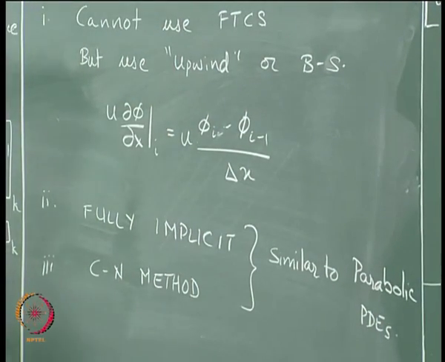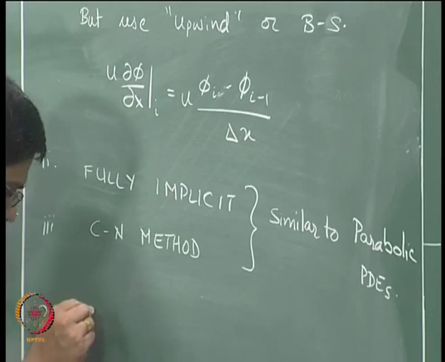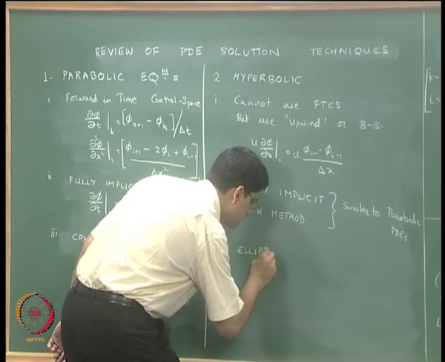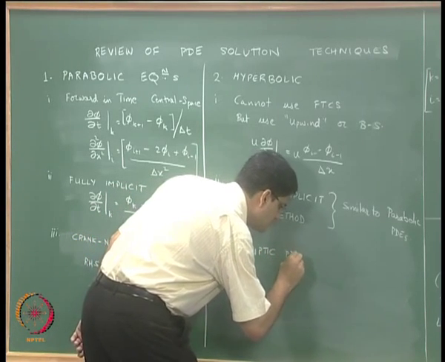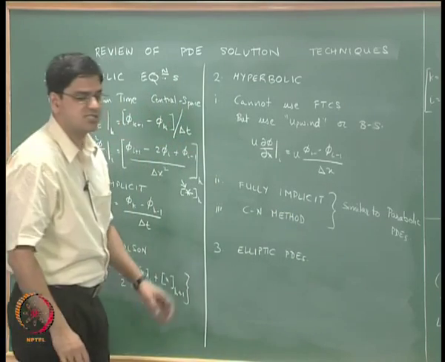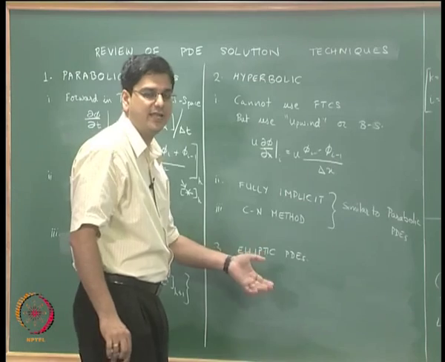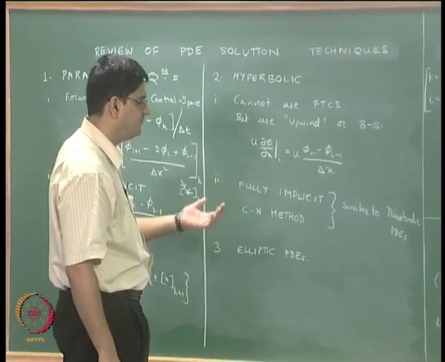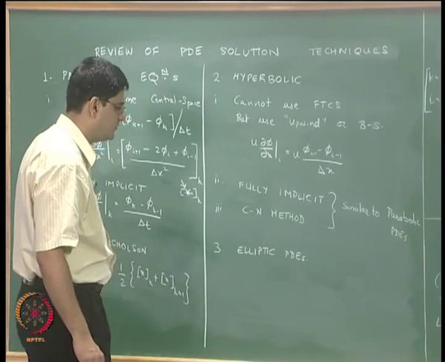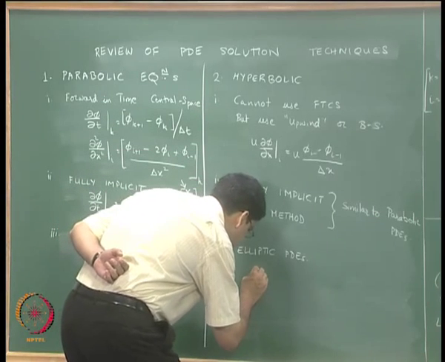Okay, and finally for elliptic PDEs we use central difference in both x and y domain and then solve the resulting n plus 1 multiplied by m plus 1 equations simultaneously.